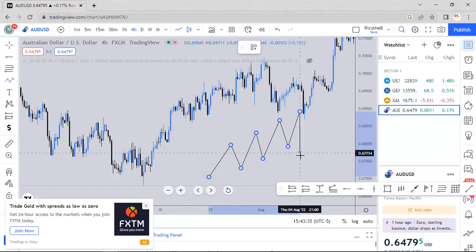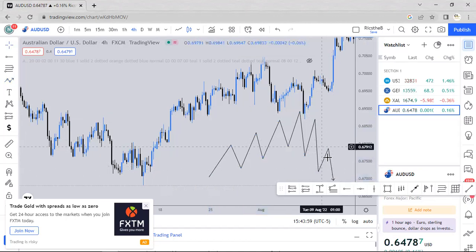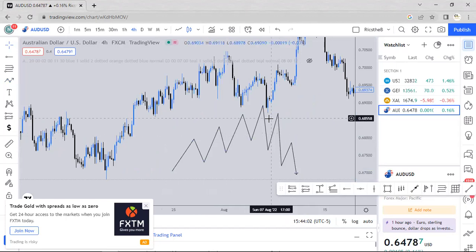And anytime we have a shift like this, where we take out this structural point, the previous higher low, and price gives us a low which is lower than this, we refer to this as a lower low. Then if price doesn't go above this area, this becomes a lower high, then lower low, lower high, lower low. This is the structure of a downtrend market, and basically this is a seller's market.